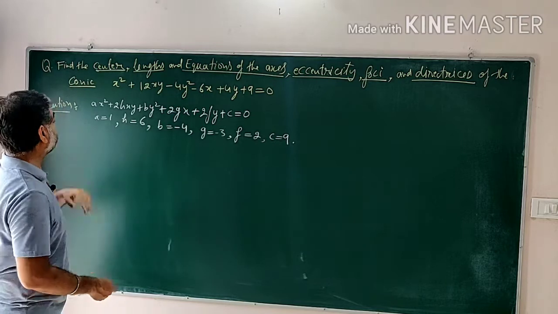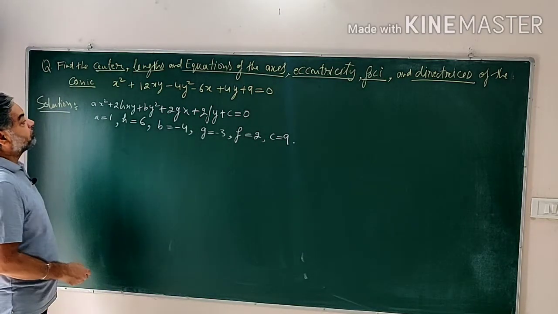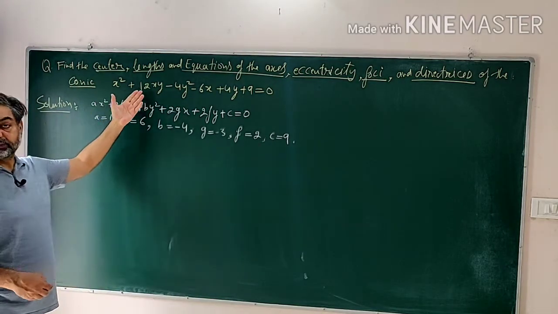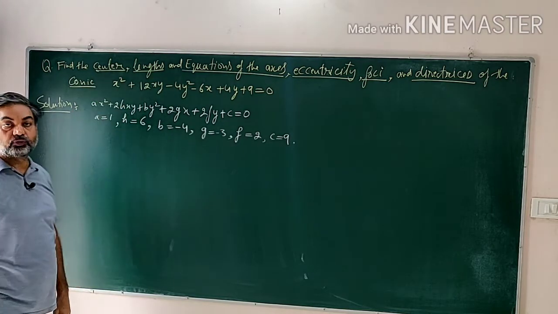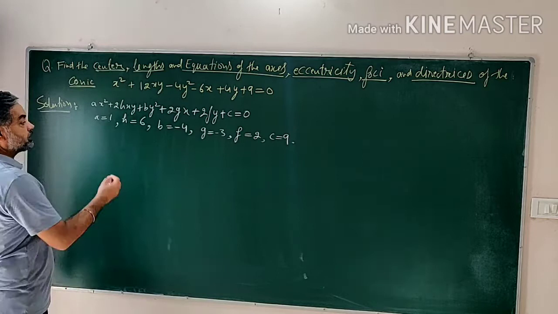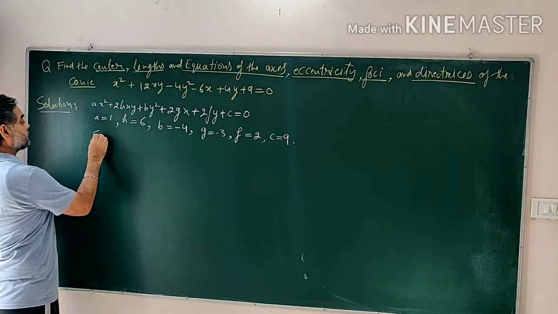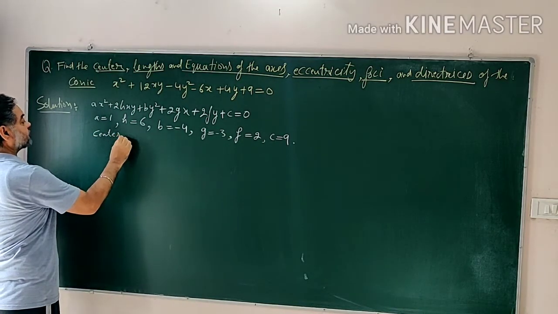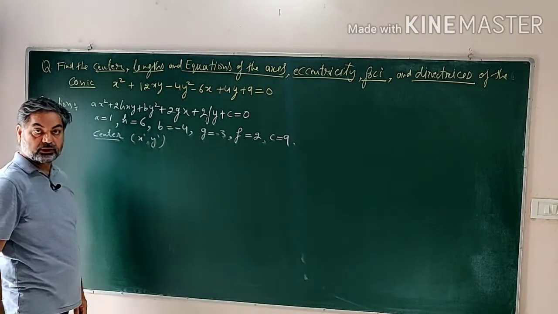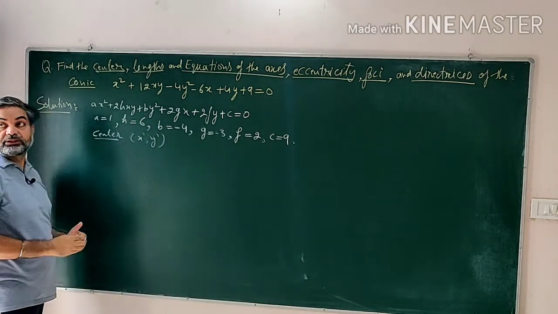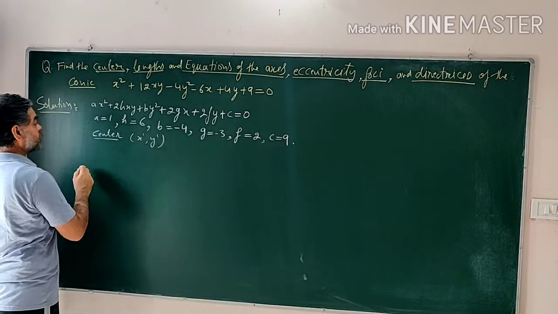Now what we do next is we will find the center of this conic. So how to find the center? Suppose the coordinates of the center are x dash and y dash. So what we do is we shift the origin to this center.